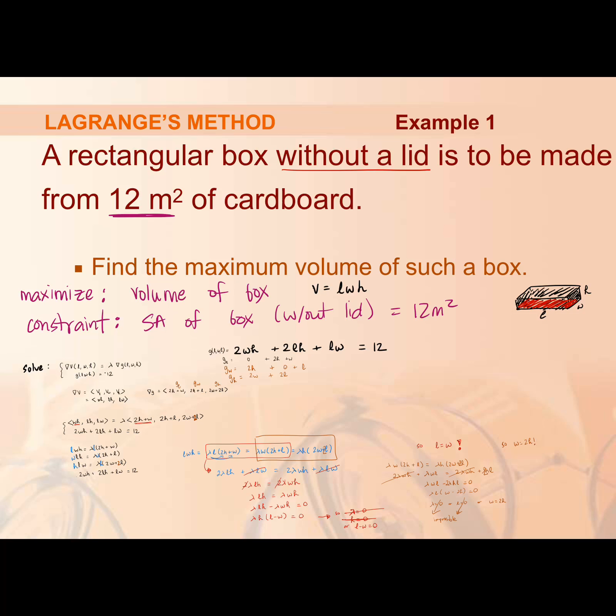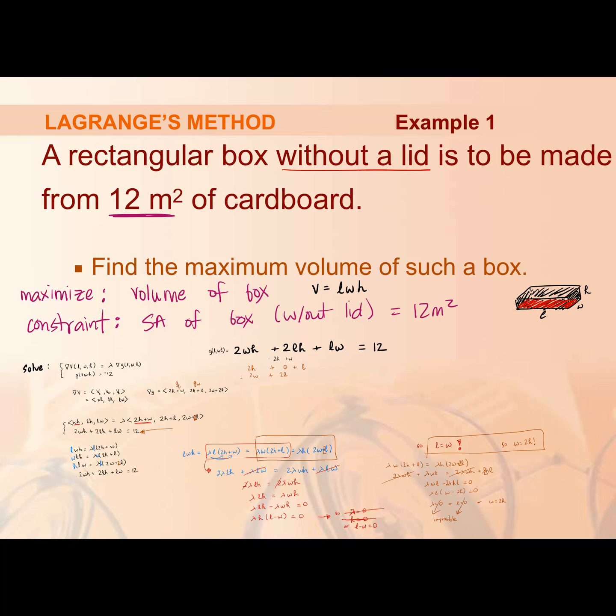W equals 2H. Okay. So we figured out the relationship between L, W, and H. Last thing we need to do is put them into here, to get specific values. So we can actually go up here and use this.